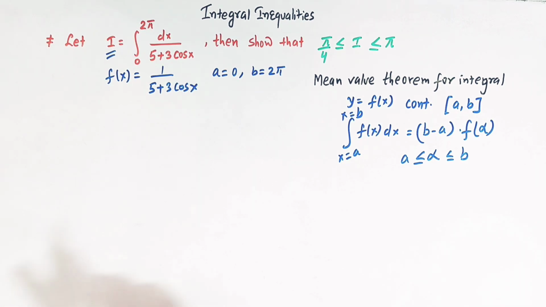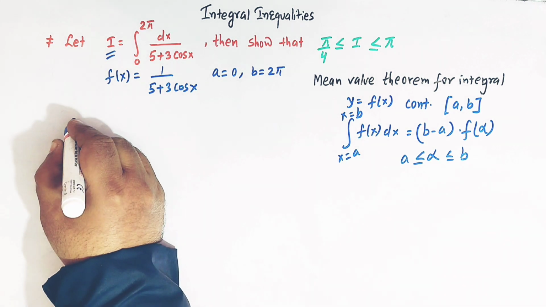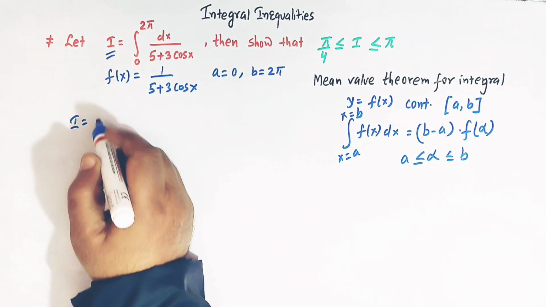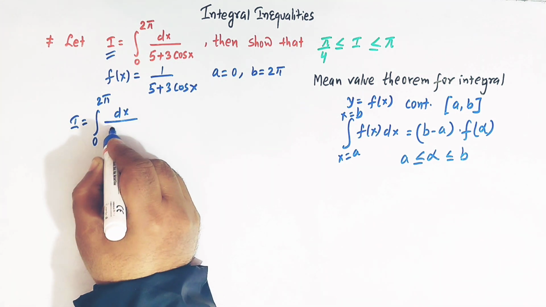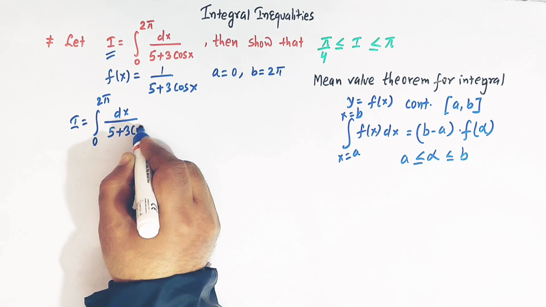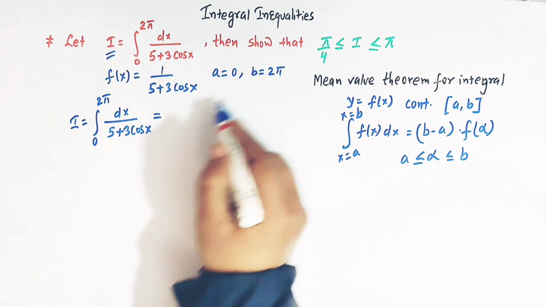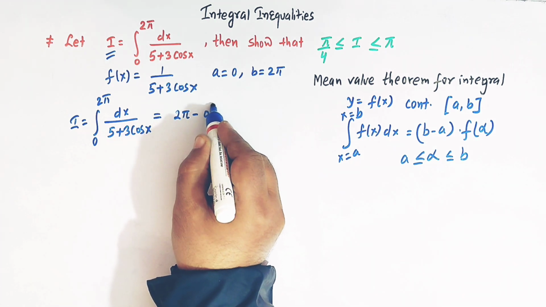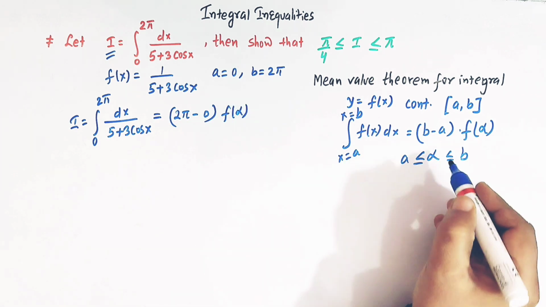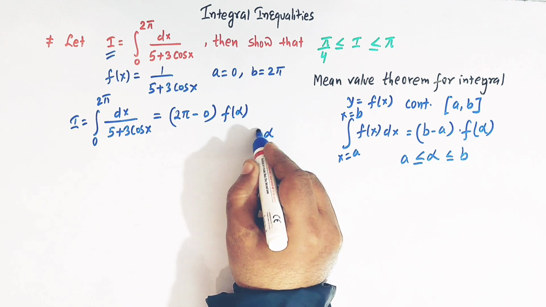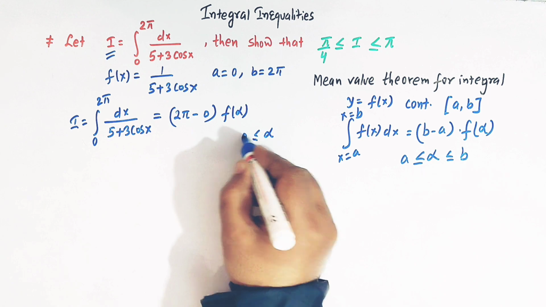Now using this mean value theorem, we can write I, that is this integral from 0 to 2 pi of dx over 5 plus 3 cos x, is equal to b minus a, where b is 2 pi, a is 0, times f of alpha, where alpha is some number which lies between 0 and 2 pi, right?